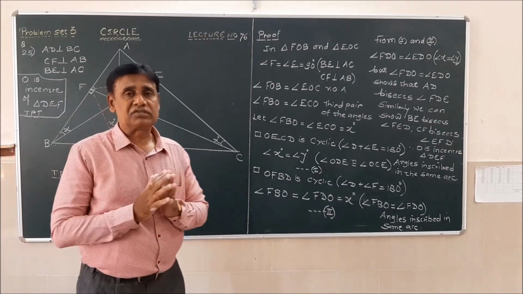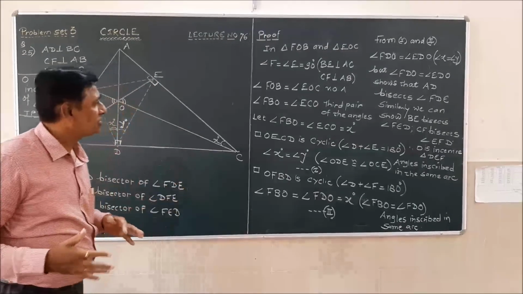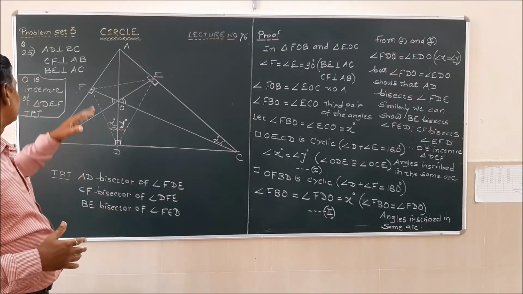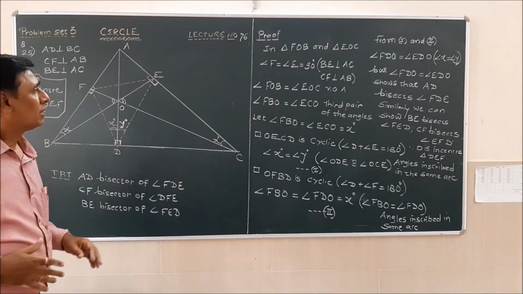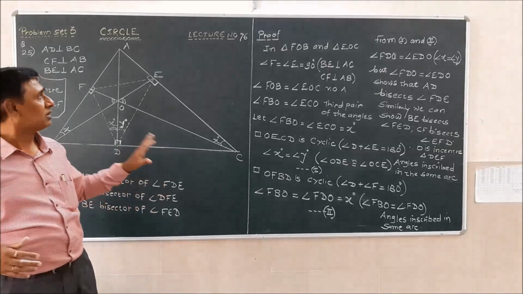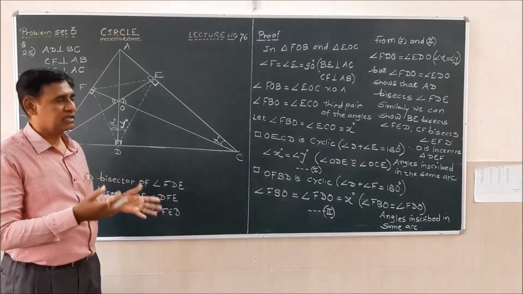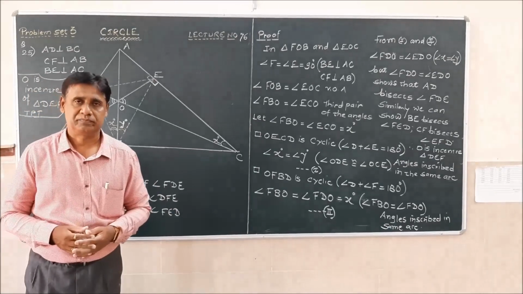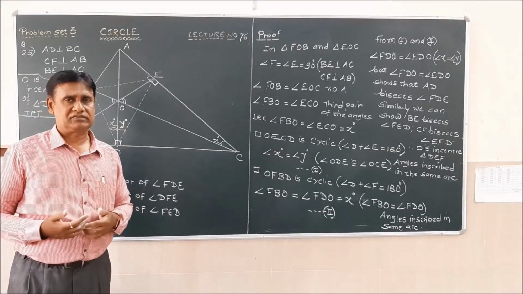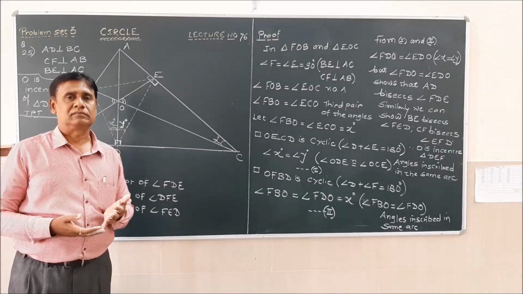Okay, my dear students, we have finished here. Very important as well as very lengthy chapter, circle. Weightage for this chapter is maximum, of course. Contents are maximum, weightage is also maximum. You have to understand so many things. Inscribed angle there.